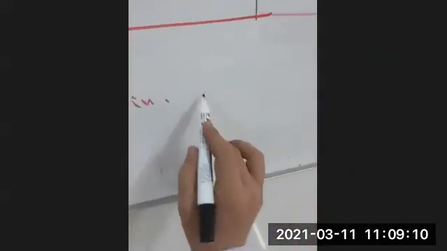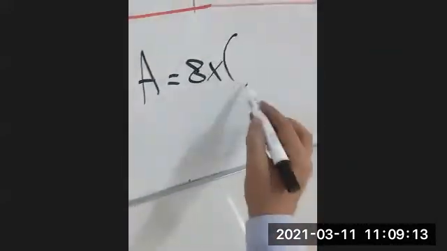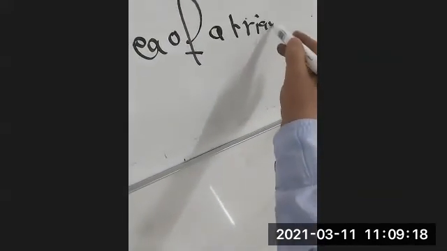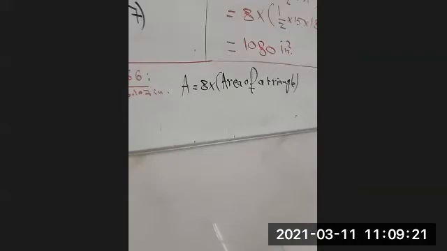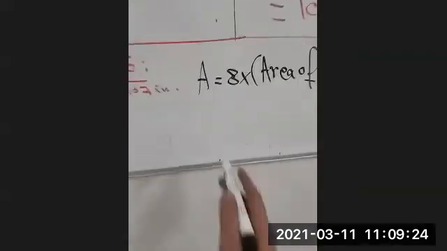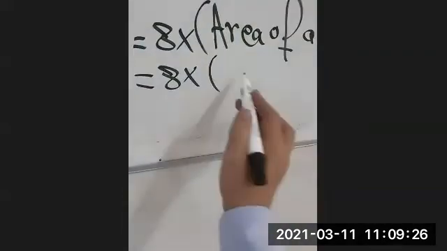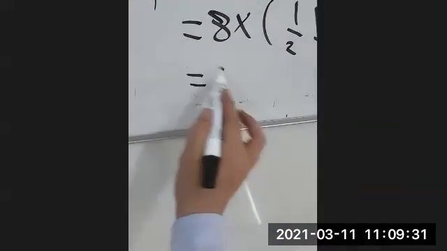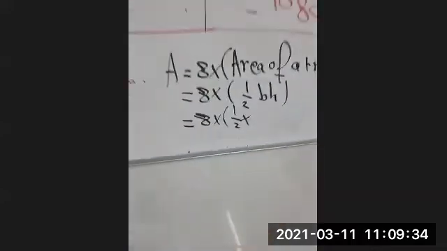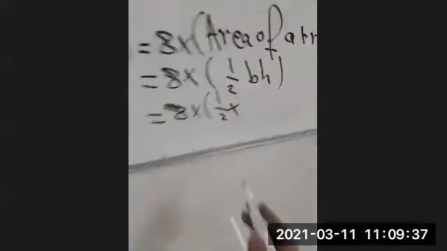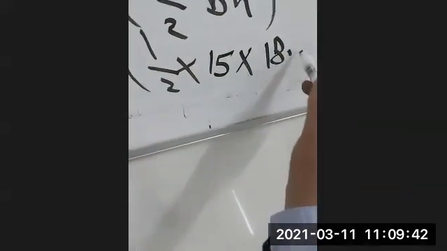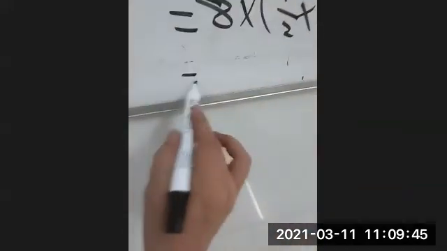A equals 8 multiplied by the area of a triangle, half BH. You need to copy this. A equals 8 multiplied by half, multiplied by the base, which is 15, multiplied by the height, 18.107.